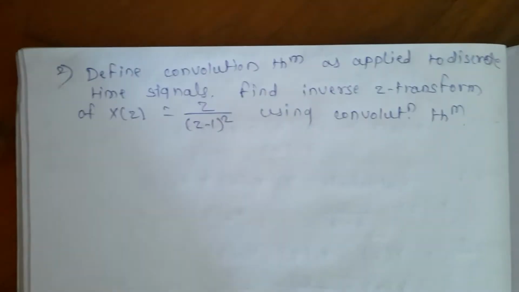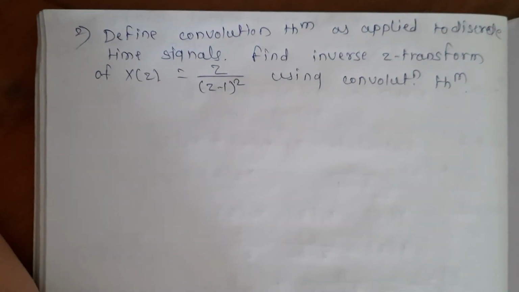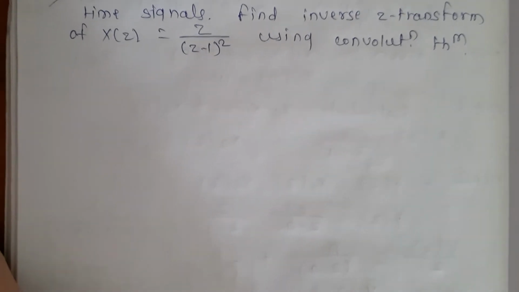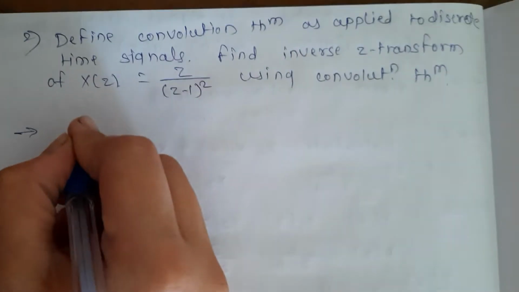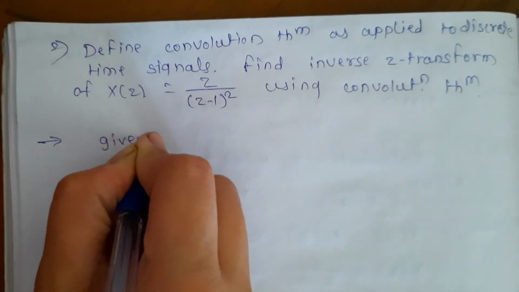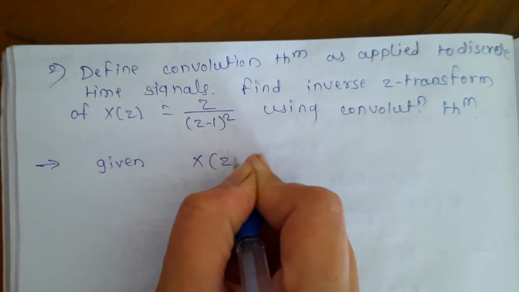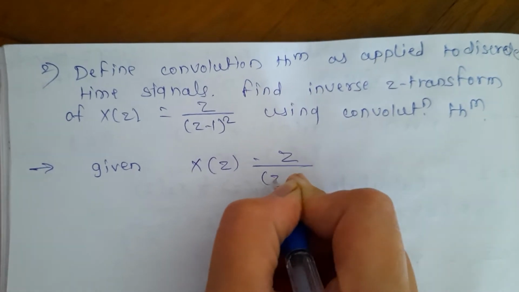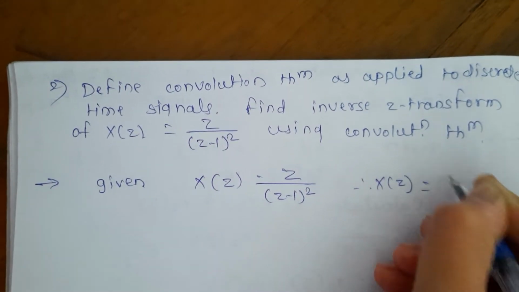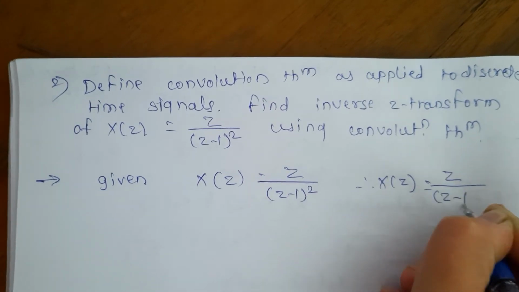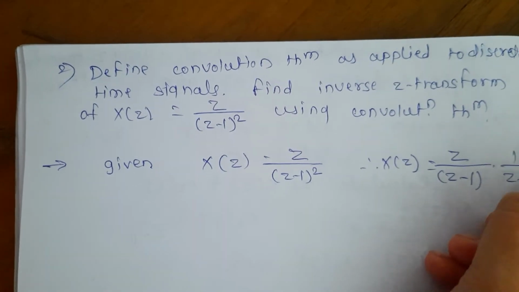Next problem, define convolution theorem as applied to discrete time signal. Find the inverse Z transform of this given function using convolution theorem. Now first we write what is given. Given equation is X(z) is equal to z by (z minus 1) square. So we can write this equation as X(z) is equal to z by (z minus 1) into 1 by (z minus 1).